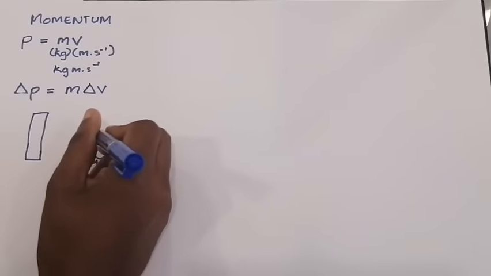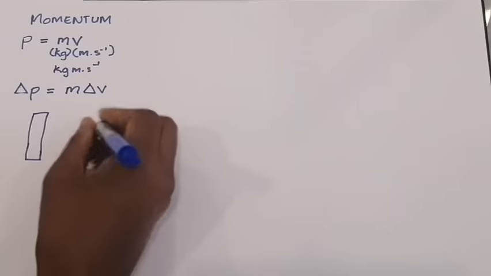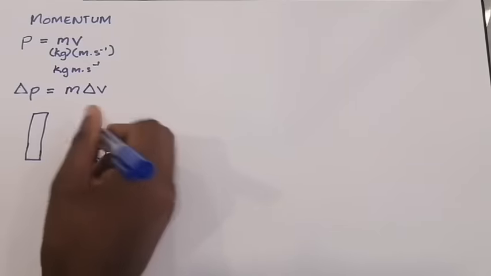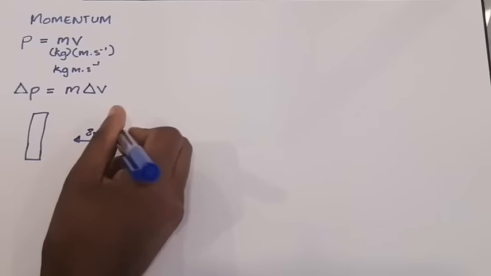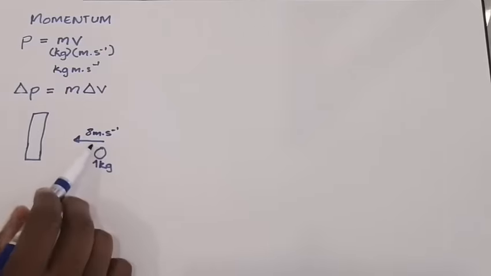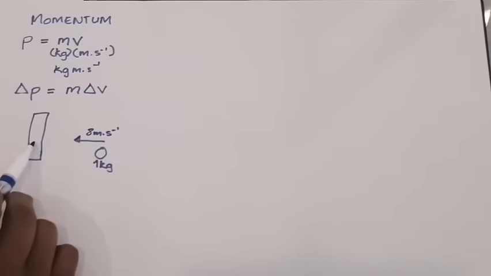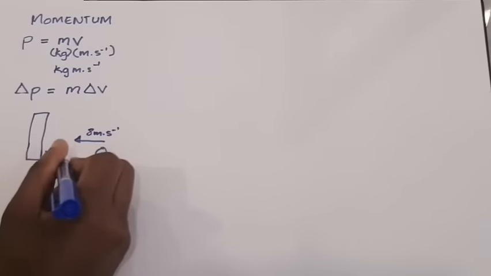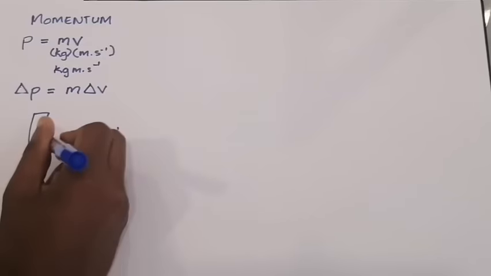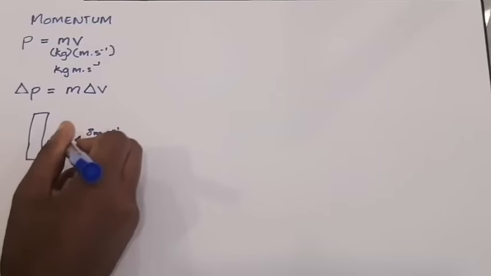Let's say we kick it towards the wall and it's moving at 8 meters per second. Then it collides against the wall and bounces back. Let's say it now bounces back at 4 meters per second.